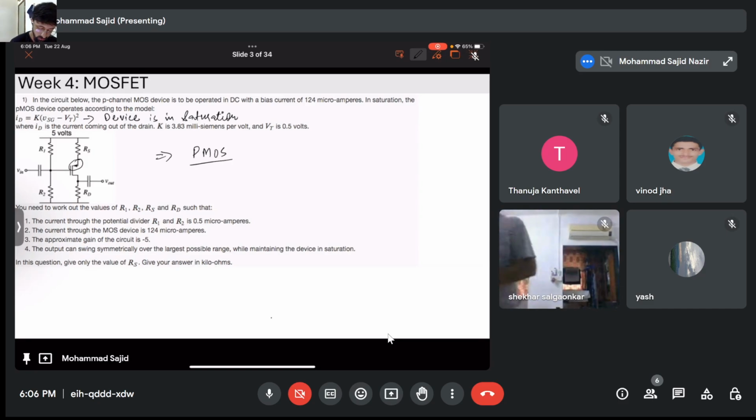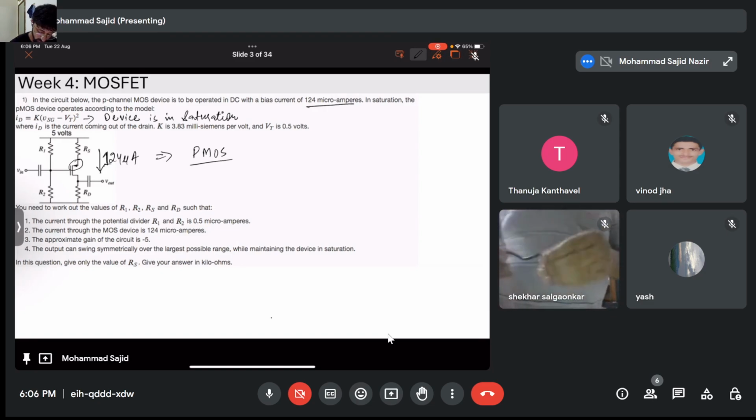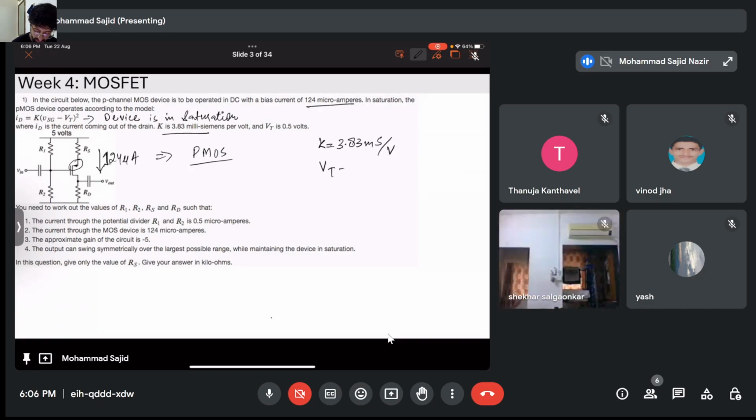The current flowing through the circuit is 124 microamperes, right? K is given to us as 3.83 millisiemens per volt, and VT, that is the threshold voltage, is 0.5 volts.